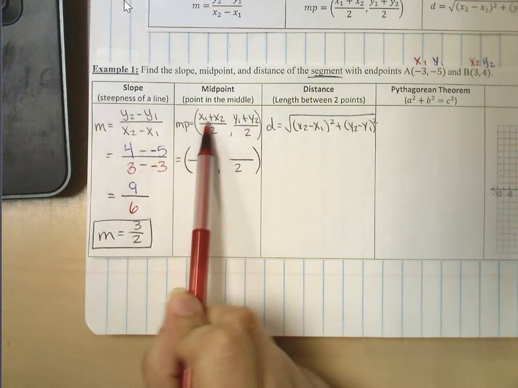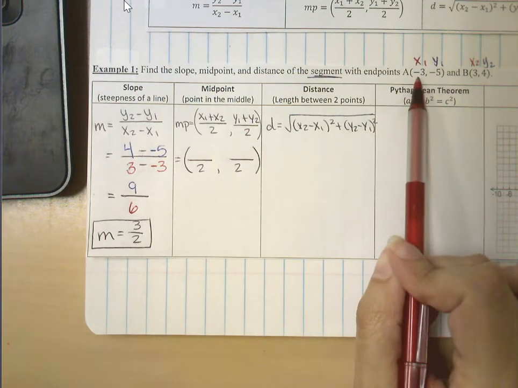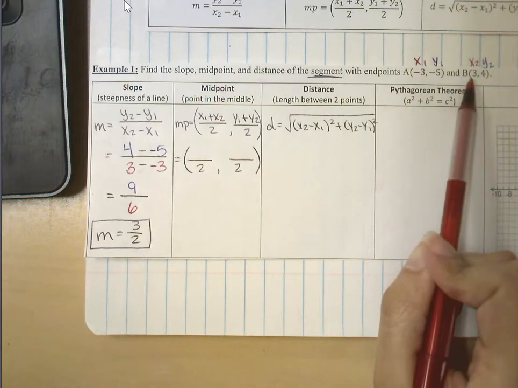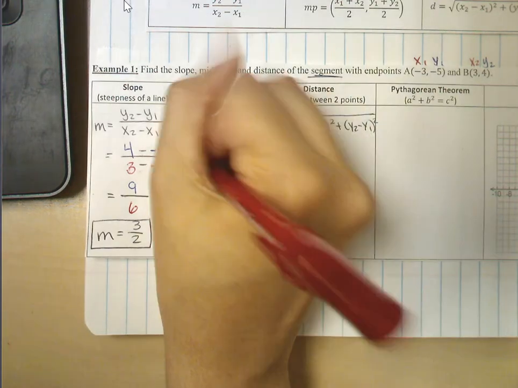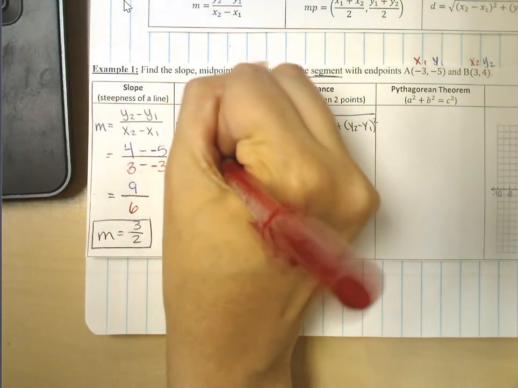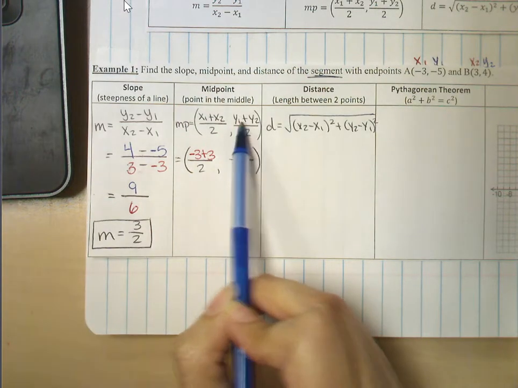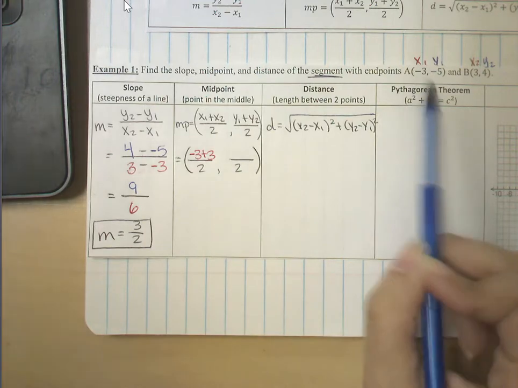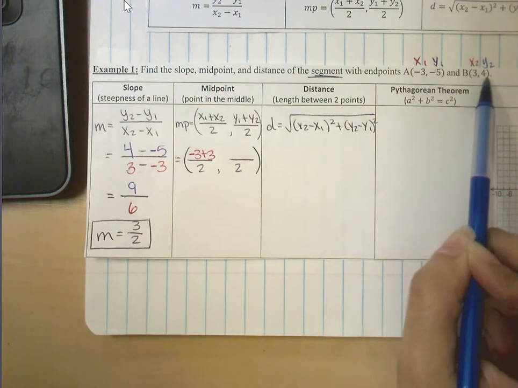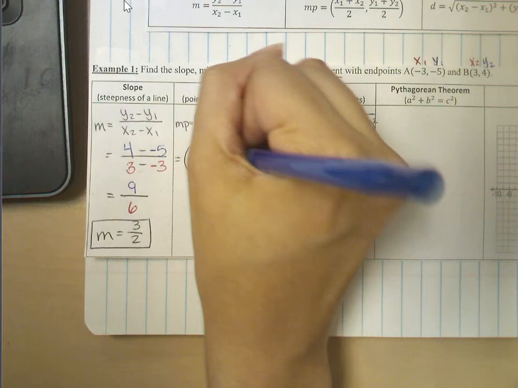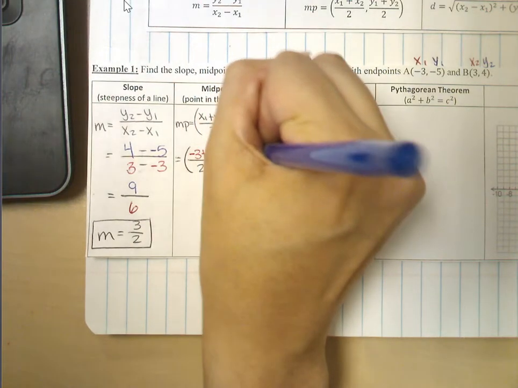So I'm adding the x's. So my x values are -3 and +3. So I have -3 plus 3. Then I have to add the y's. So my y's are -5 and 4. So -5 plus 4.